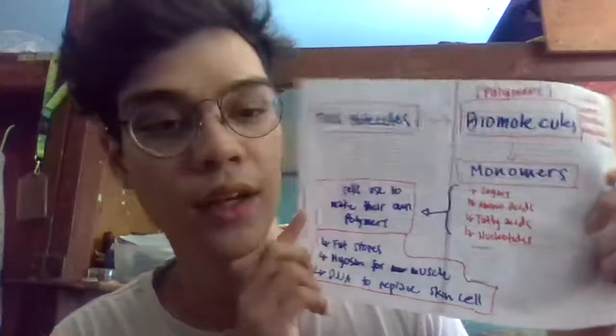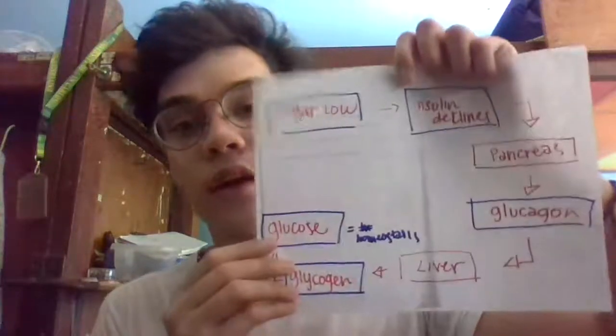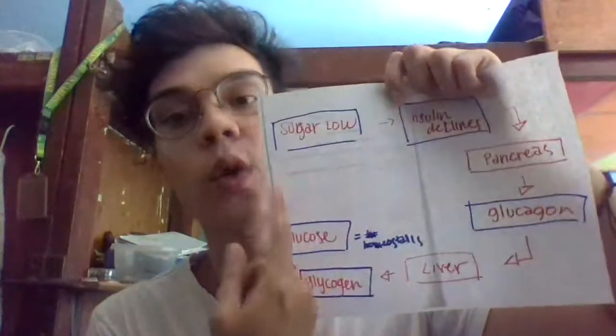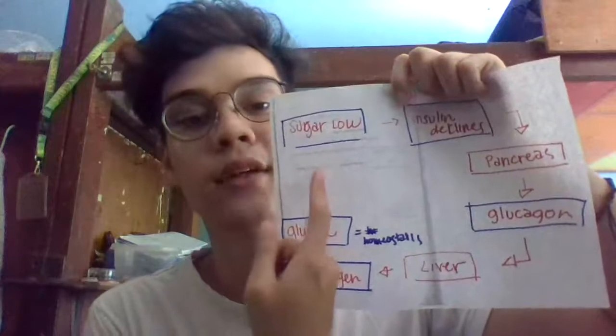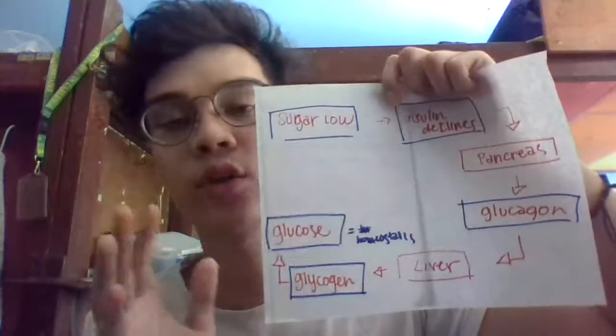So number 4, how does the digestive system maintain blood glucose level, and what digestive organs are involved, and hormones that are responsible? So here, for example, we have low sugar, meaning glucose is a sugar.